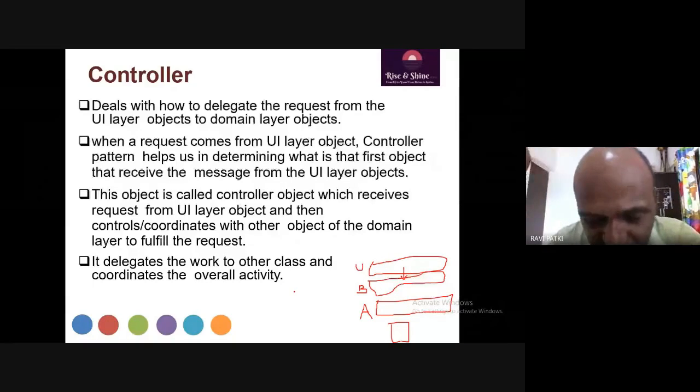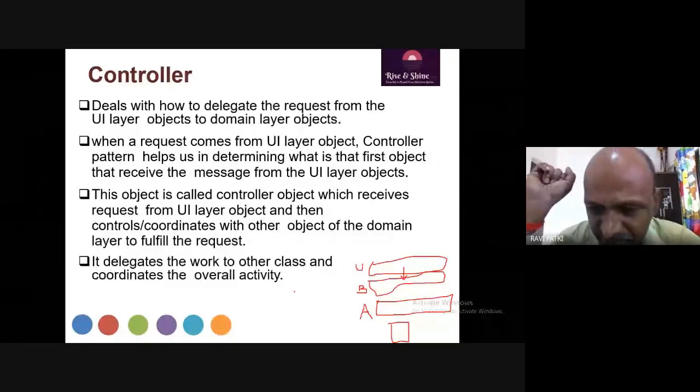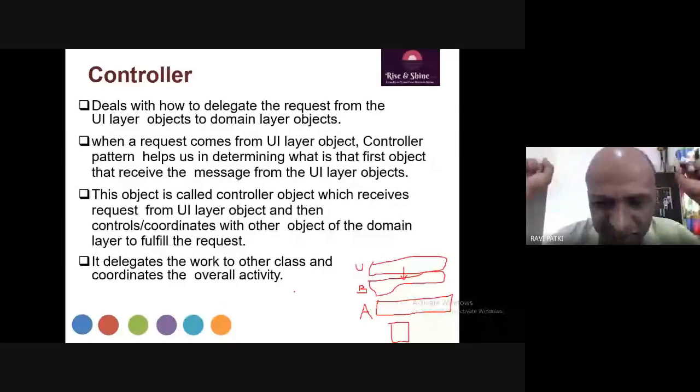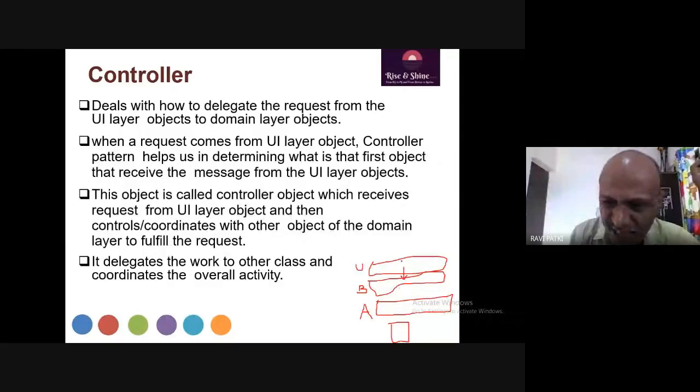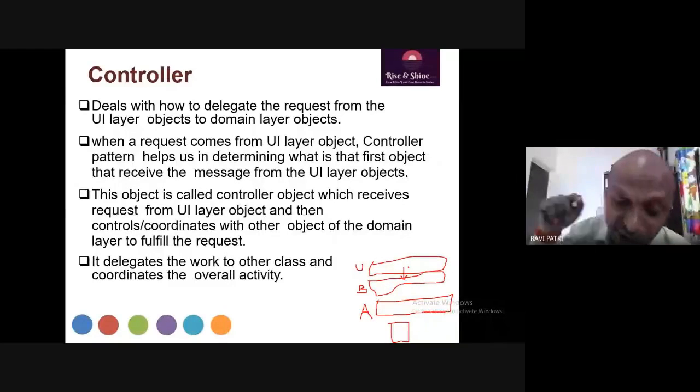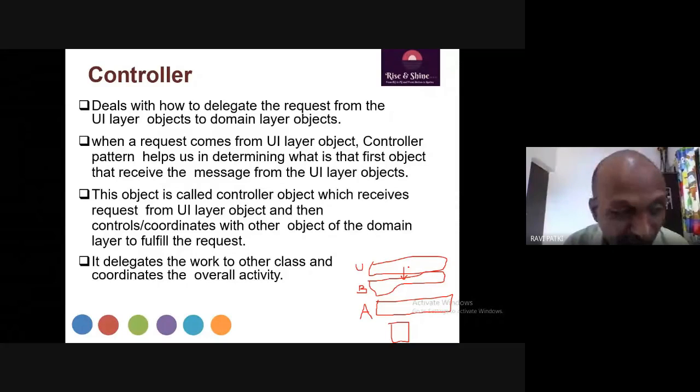Suppose some button is clicked in the UI layer. Whenever that button is clicked, which object should execute it? Suppose the button is for login. Whenever the button is clicked, who should handle it?